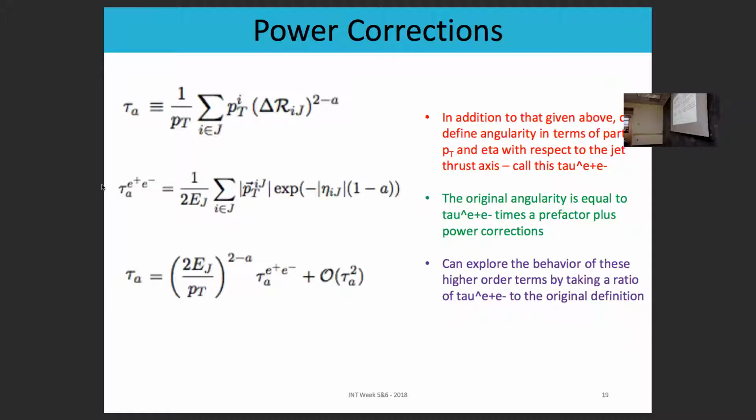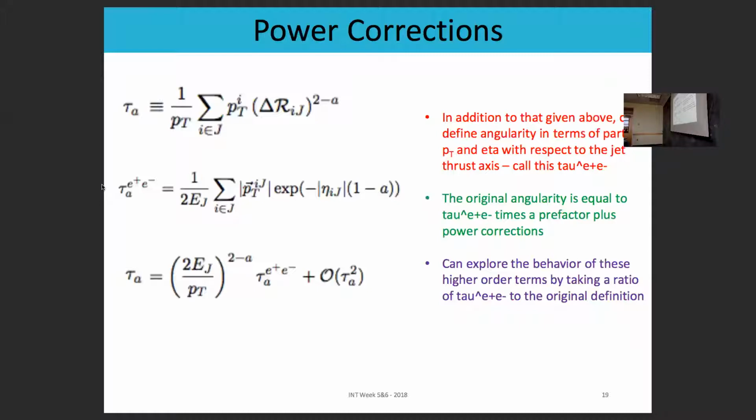So for the first tau, the 1 over pT is the pT of the jet, which is big, and then delta R to some power, at least for a not being too large.